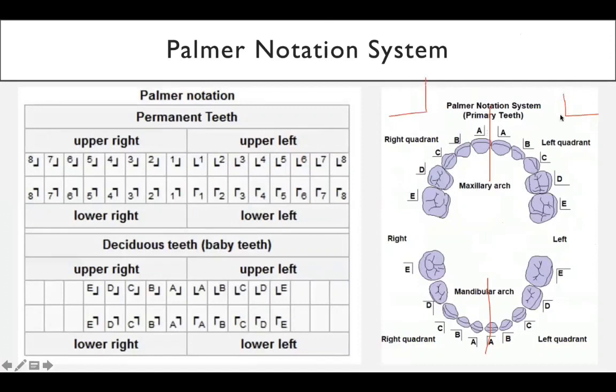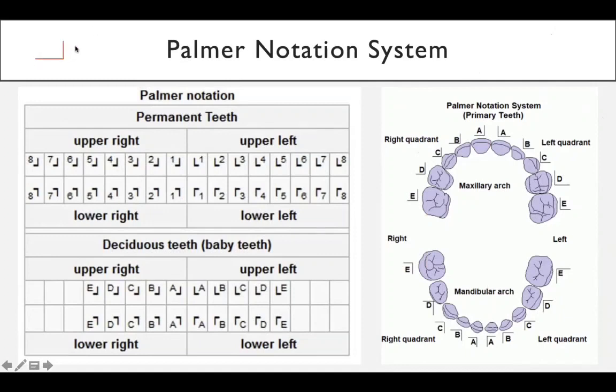If the boundary is closed from the left side and the letter looks like it is on the left side, this is the left quadrant. And if it is closed from the right side and the letter looks like it is on the right side, then it's the right quadrant.